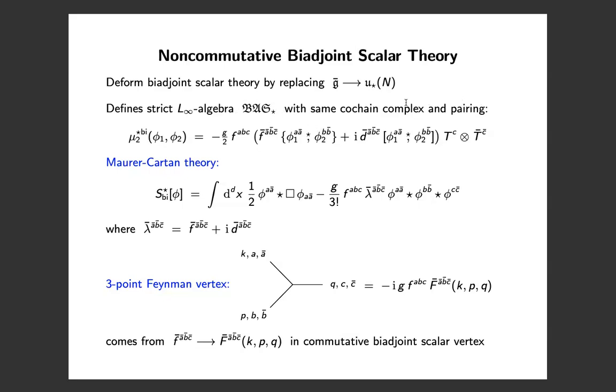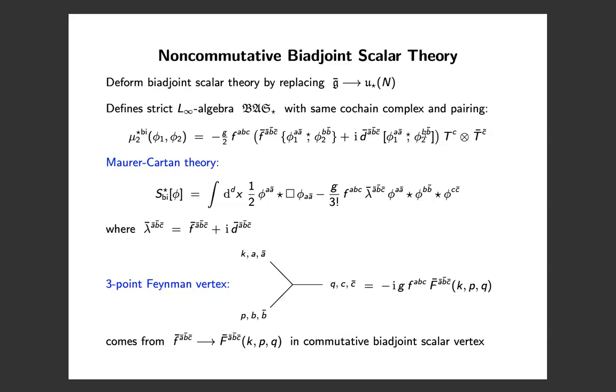It has the same underlying cochain complex, but now you just deform the bracket or the binary operation to this quantity here. You can see what's inside the brackets should look familiar as what I wrote down earlier when I was talking about the star commutator.